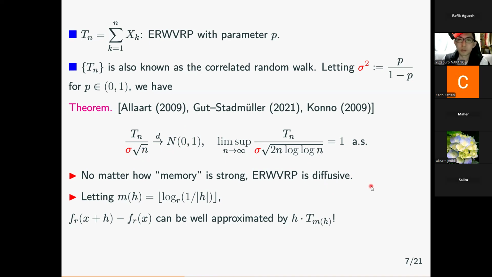For the original elephant random walk, the limit theorems are different depending on how strong the memory parameter is. But the elephant random walk remembering the very recent past is diffusive, no matter how strong the memory is.